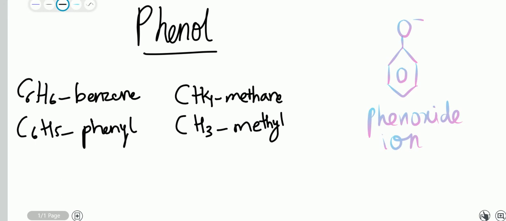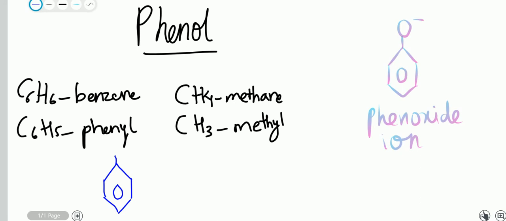Now what is phenol? Phenol is basically phenyl, C6H5, but with the ring we have this structure. This ring, okay, and if we do it like this, that means that one of the hydrogens has been replaced or removed and we have something else in its place.